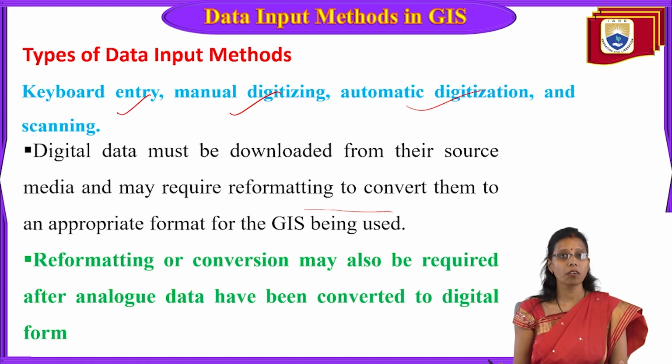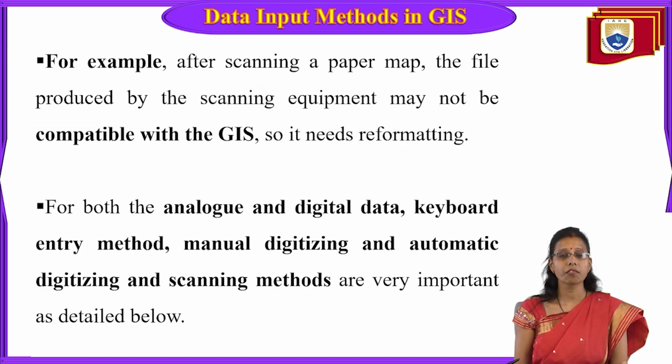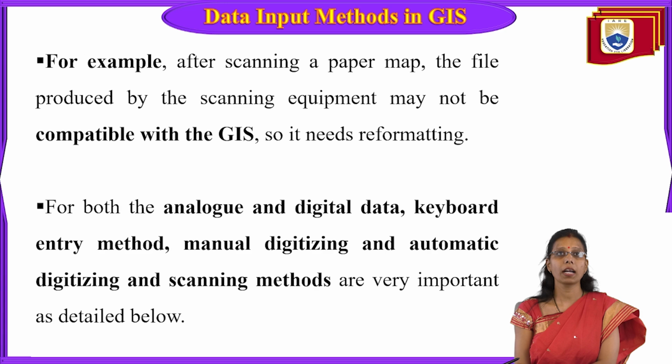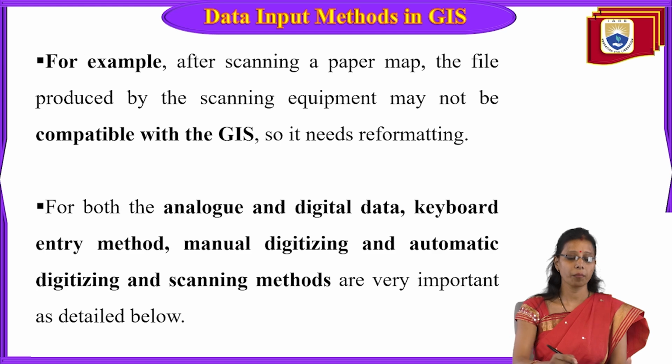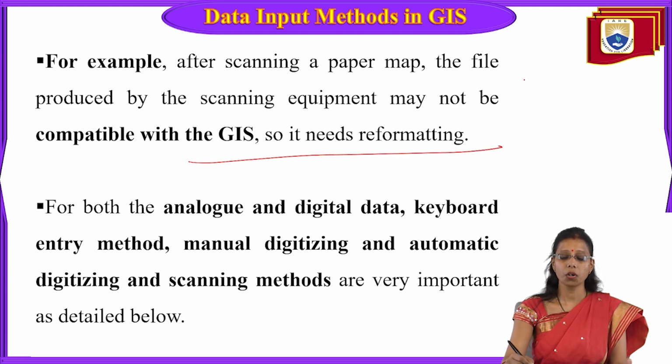So reformatting or conversion may also be required after analog data have been converted to digital form. For example, after scanning a paper map, the file produced by the scanning equipment may not be compatible with GIS, so it needs reformatting. For example, if you want to scan a paper map, so this is the paper map.